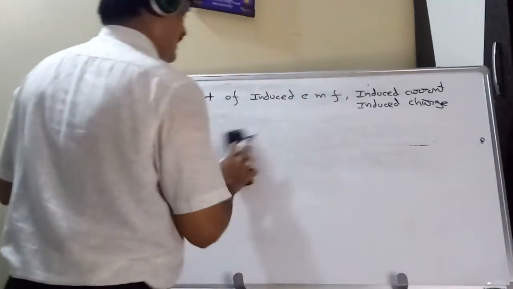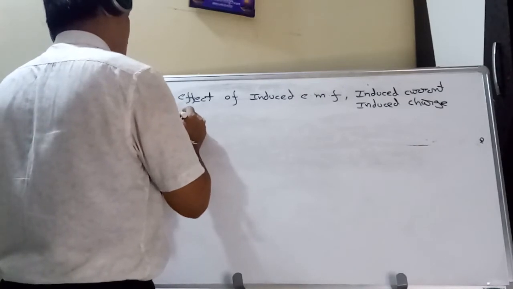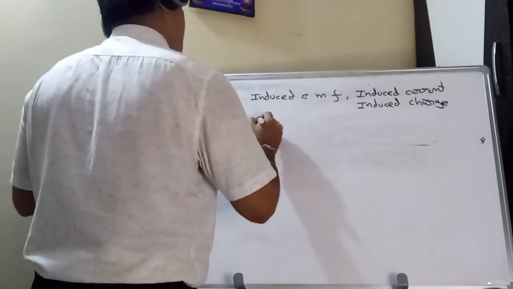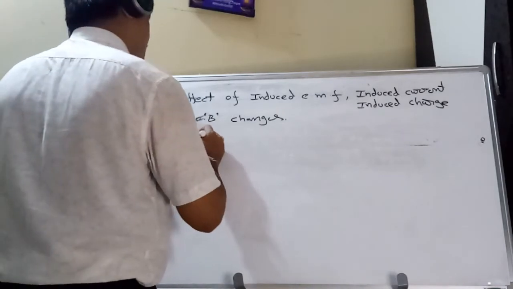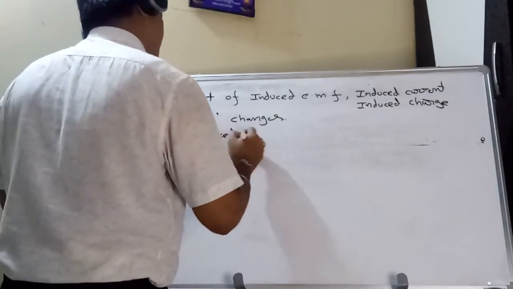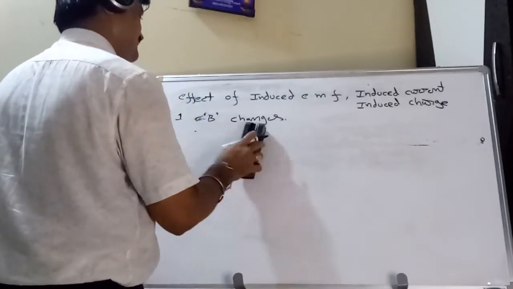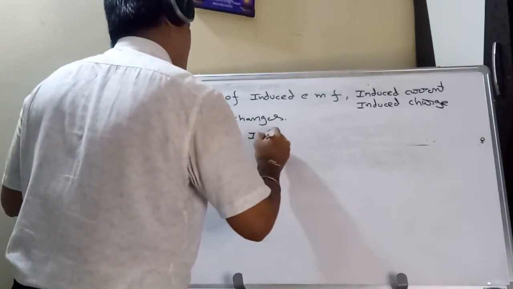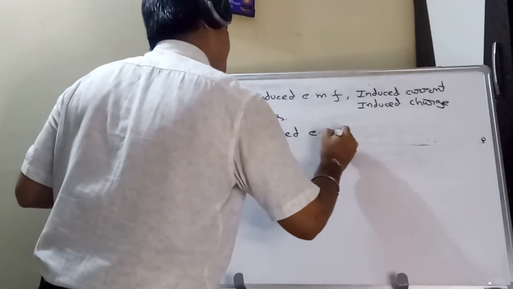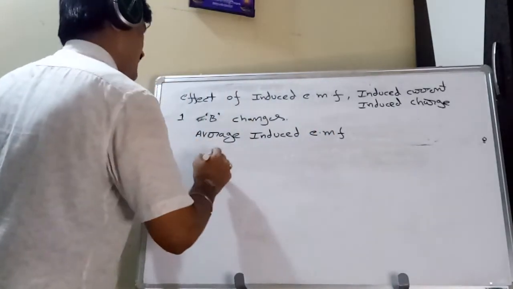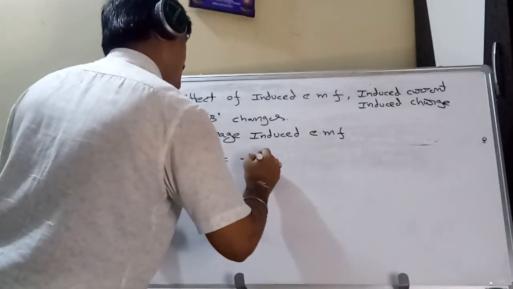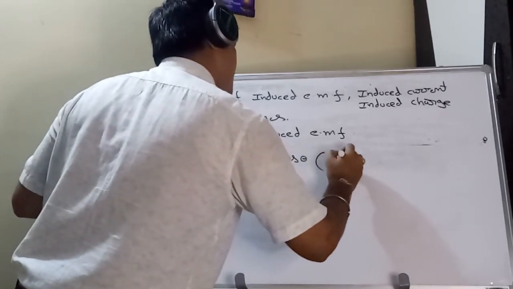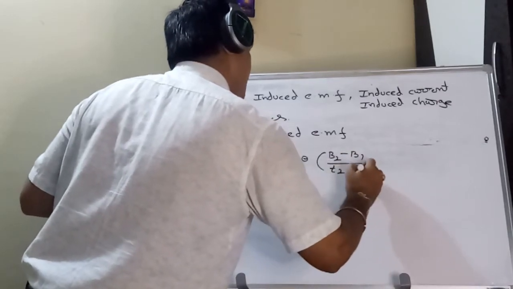First one, when B changes, induced EMF is produced. The average induced EMF is E equal to minus N A cos theta into B2 minus B1 by T2 minus T1.